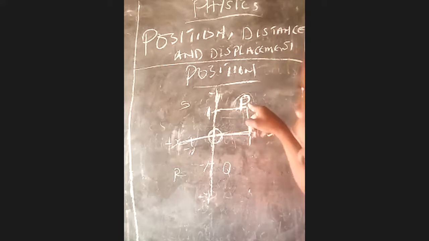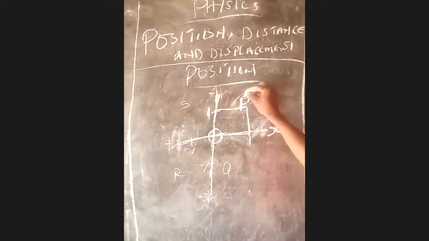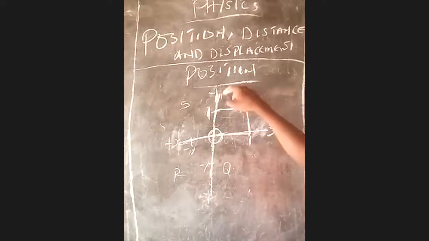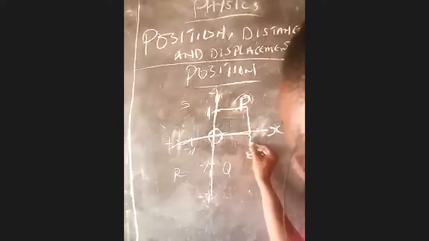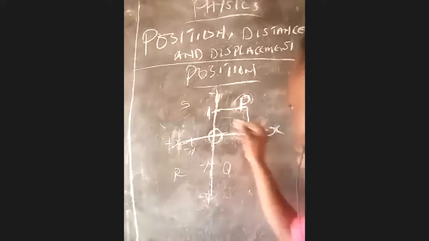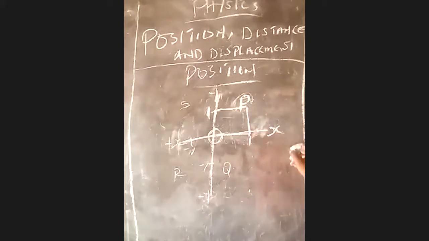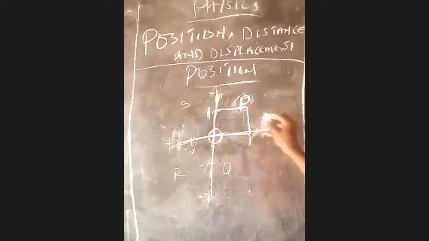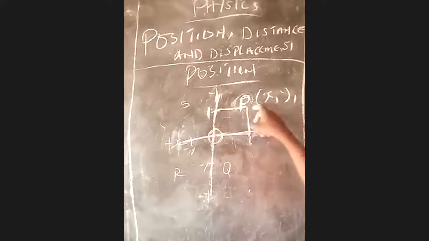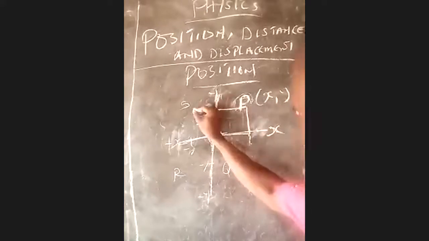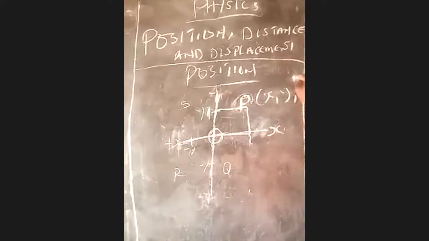Now, we want to get the position of P in this axis, and the position of P on these two axes is going to be determined by these two coordinates, S and Y. Remember that this is one in the line of S. So we have S1, Y1.